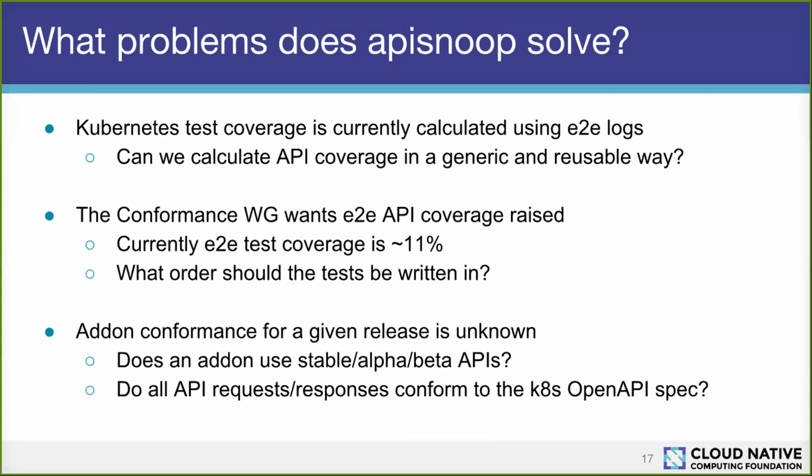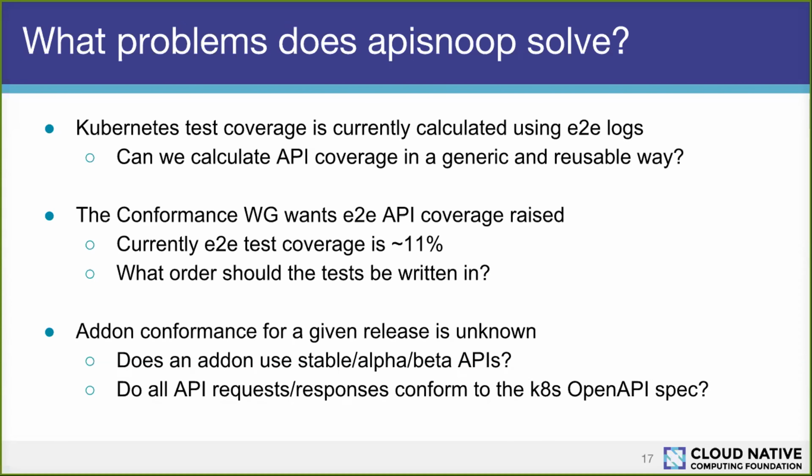So what problems does API Snoop hope to solve? Well, a couple of things. First, I've heard that Kubernetes test coverage is currently calculated using e2e logs. What we'd try to do is calculate that API coverage in a more generic and reusable way.